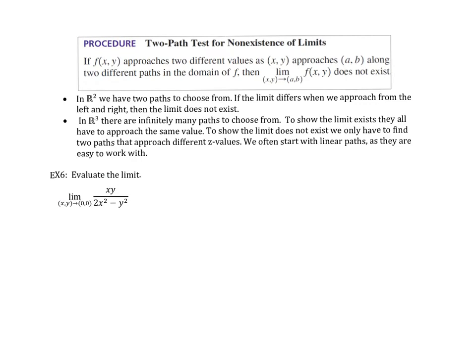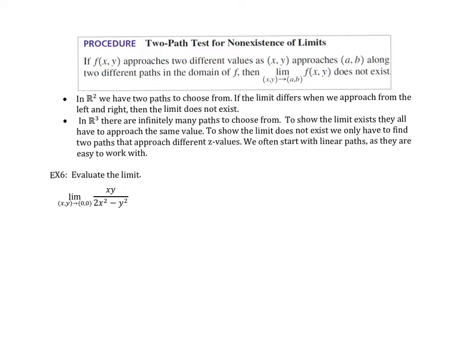Well, if you approach a value, you plug and chug and you get a number, you're fine. That's the limit. If you get an indeterminate form, you play around, do some algebra, you get a number. When you reevaluate your limit, you're done. That's the value that your function's approaching. So what if algebra doesn't work?